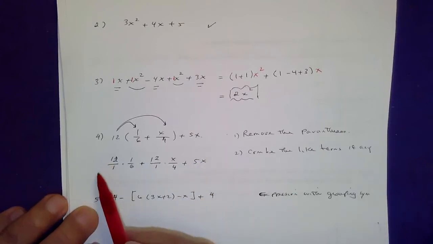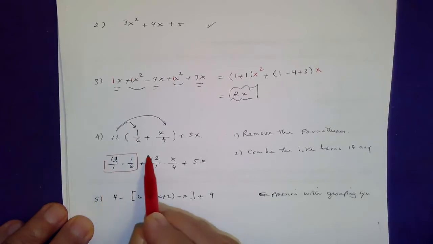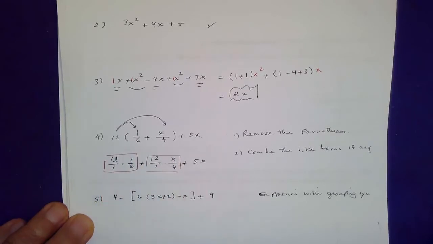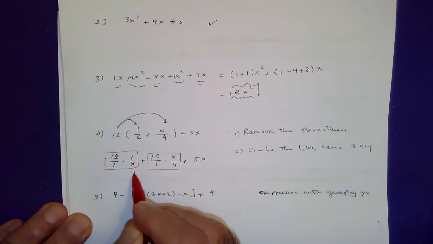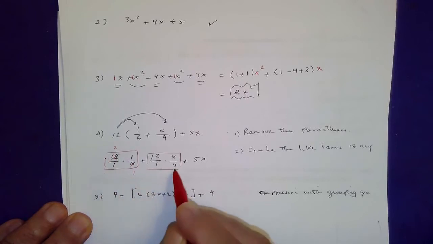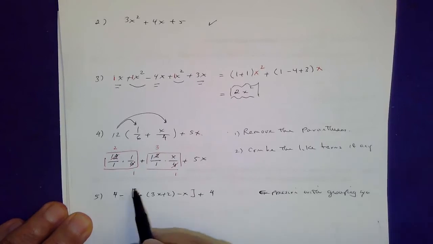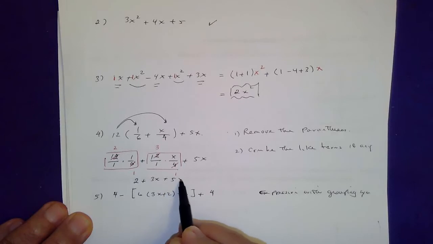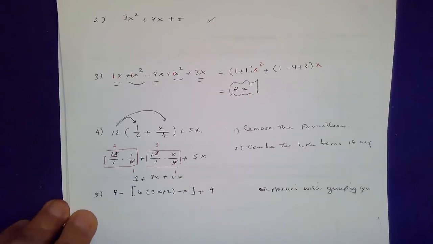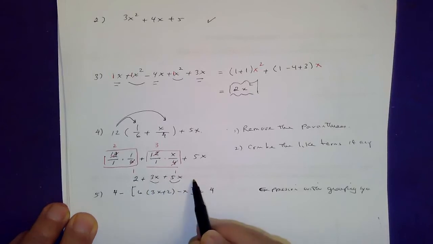Now remember how we multiply fractions, correct? Inside each of these boxes, you perform the multiplication of fractions. Remember, we kind of cross-reduce them before you multiply. So we kind of go 6 goes into 12 twice, 4 goes into 12 3 times. So looks to me the answer is 2 plus what? 3x plus 5x. So now I can tell these guys are like terms and they get to be combined.